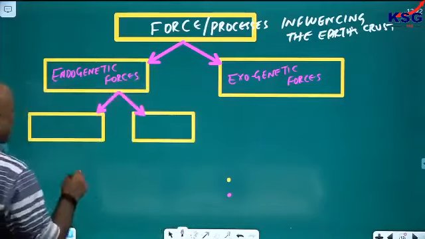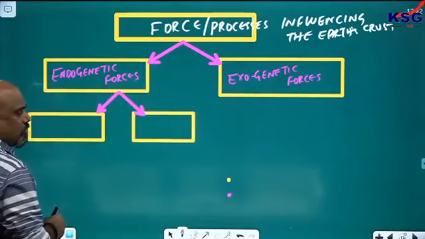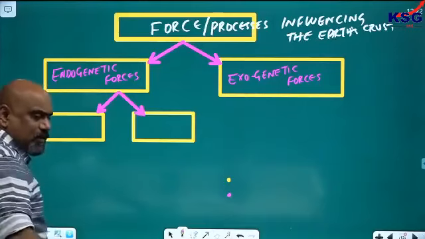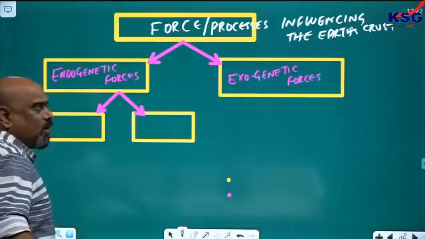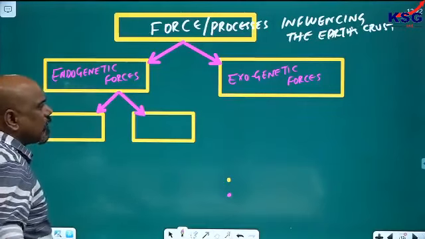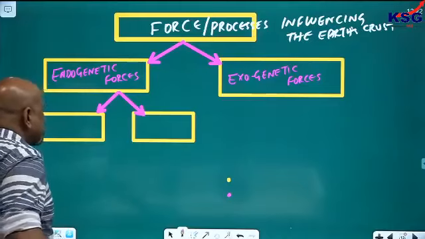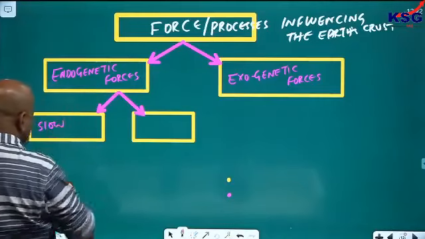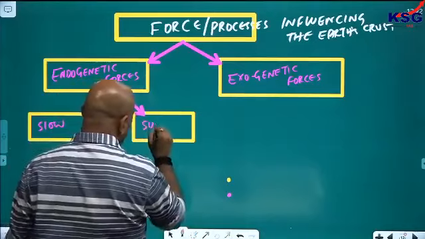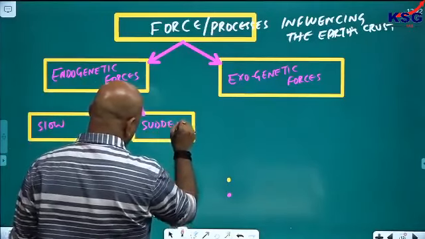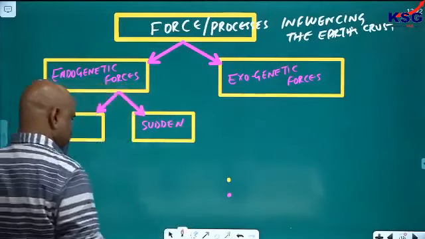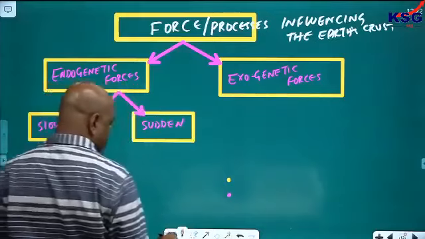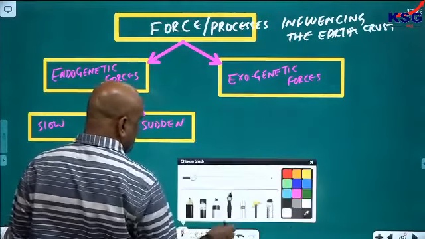Endogenetic forces can be slow moving, diastrophic, or sudden, catastrophic.